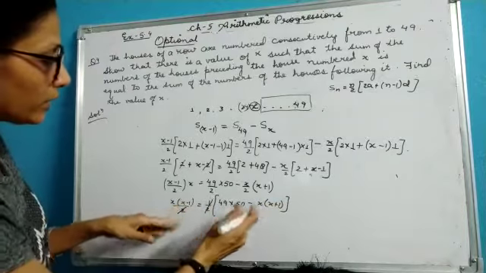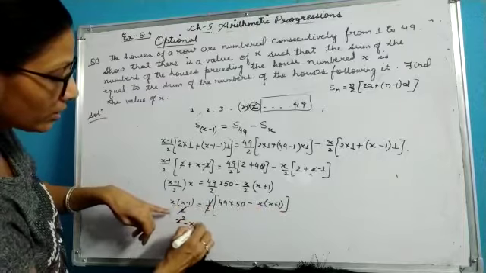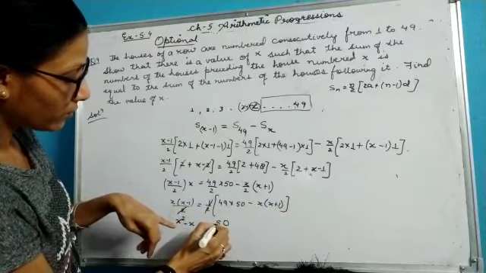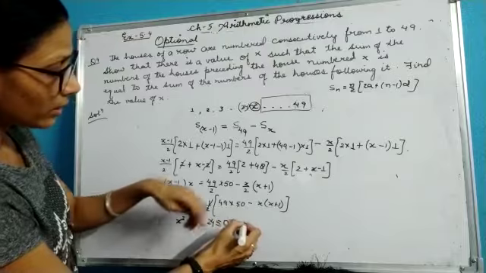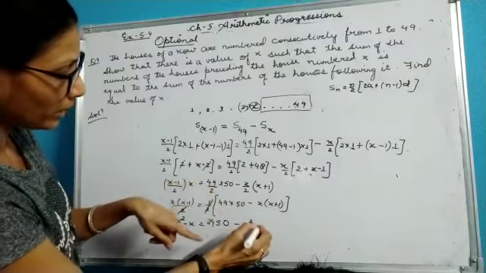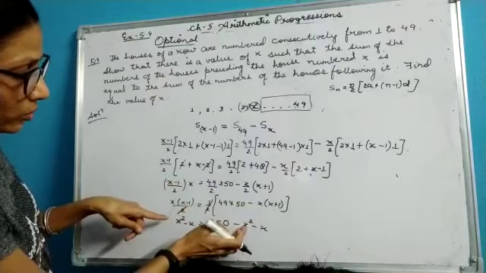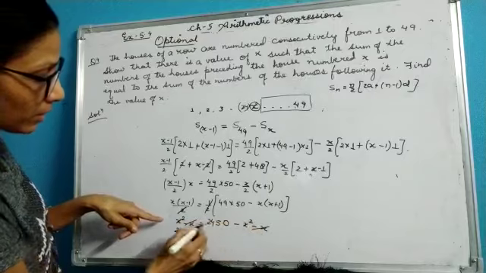Now I'll open it and find out the equation. So this will be x square minus x. Multiply these two, so this will be 0, 9 5s are 45, 4 5s are minus. Again open it, x square minus x. Now take this x square to this side, so this will be 2x square, and minus x and minus x gone.